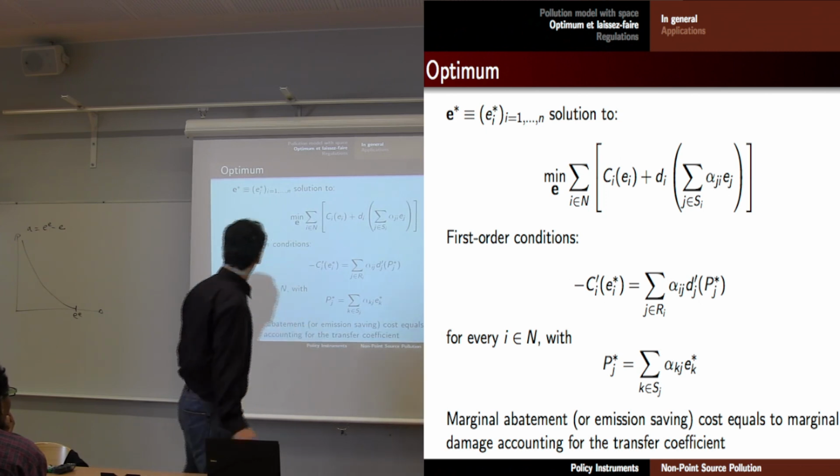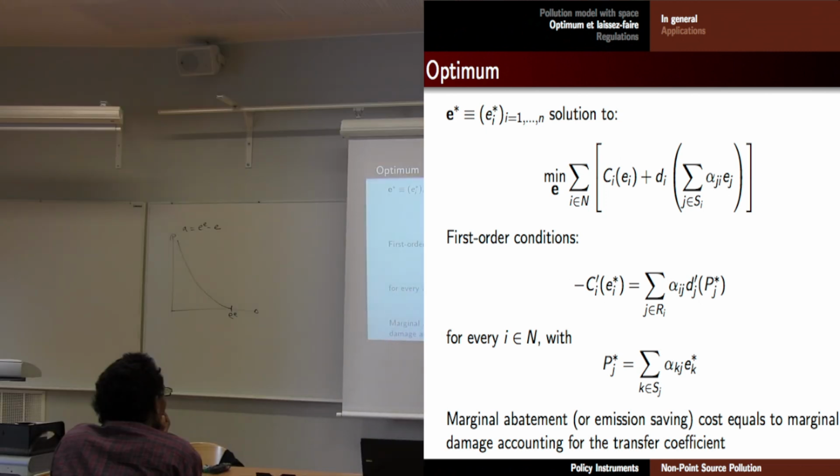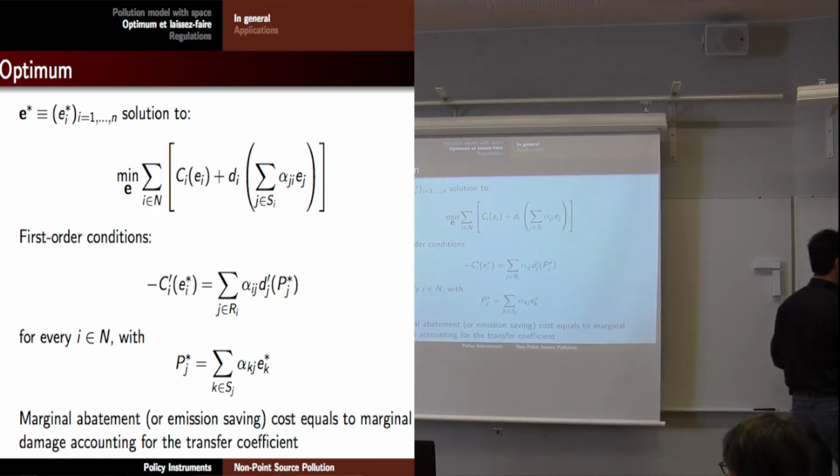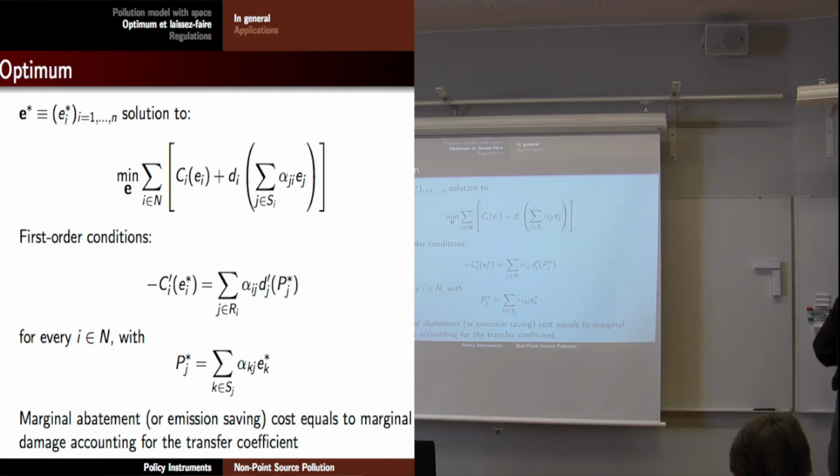So, for instance, let's do two firms, 1 and 2, polluting city agent 3. You get minus C prime 1 of E1 equal to alpha 1,3 times the marginal damage. So alpha 1,3 is positive, alpha 2,3 also is positive.